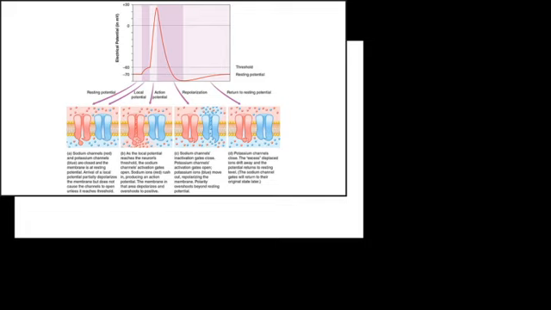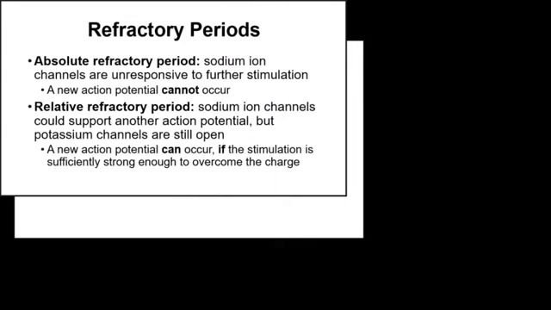So I guess it would be just before that last arrow-ish kicks out, so somewhere in there. We're saying that if you could have a really, really strong push towards that threshold, a really, really strong push to get more positive, then you could trigger another action potential, but it's very difficult to do so.